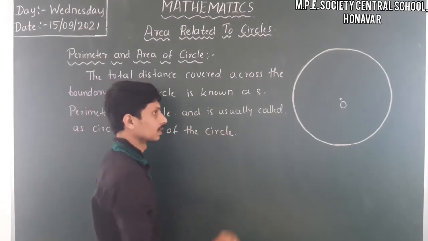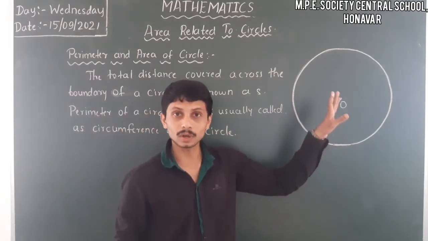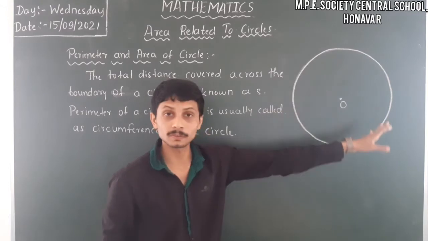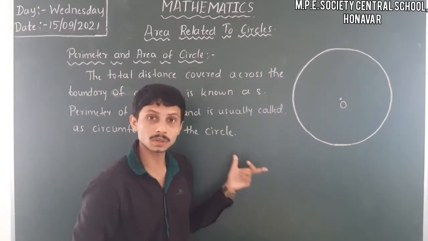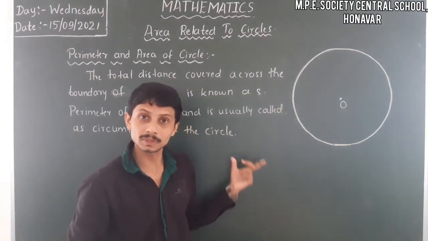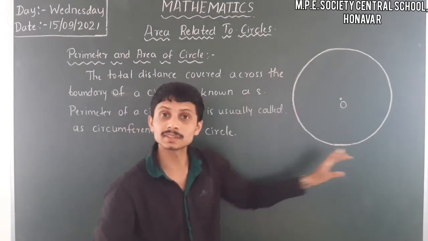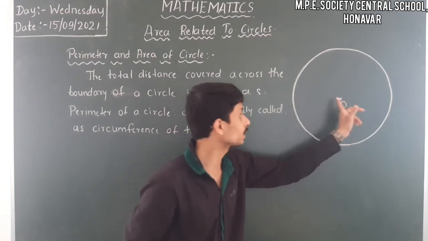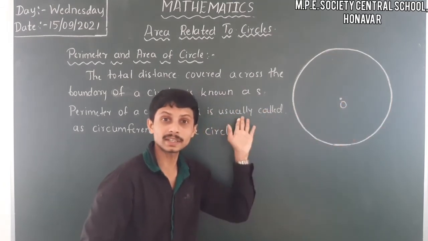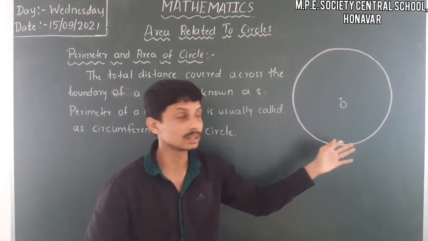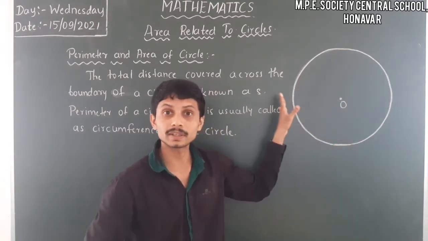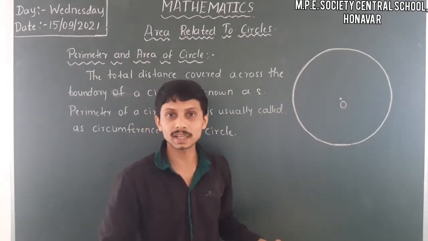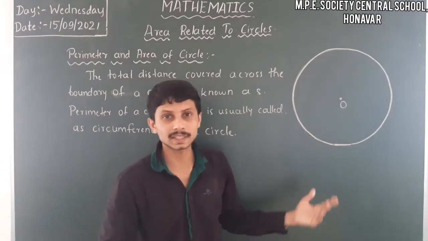There are some quantities in the case of circles. One of them is the circumference. Then the center of the circle, the radius of the circle, and 2 times the radius, that is the longest chord of the circle, which is the diameter. Segment and sector, already we know.